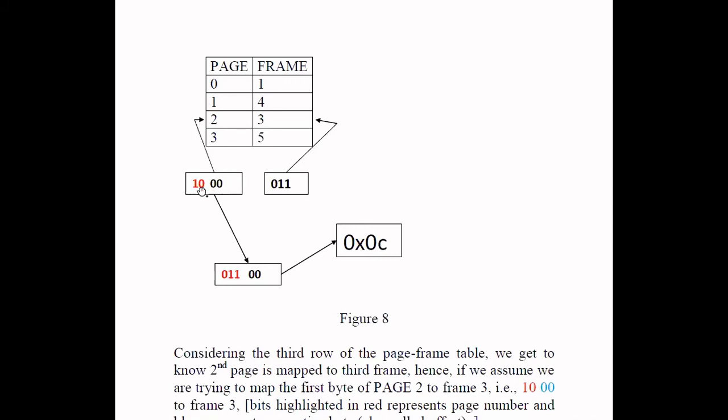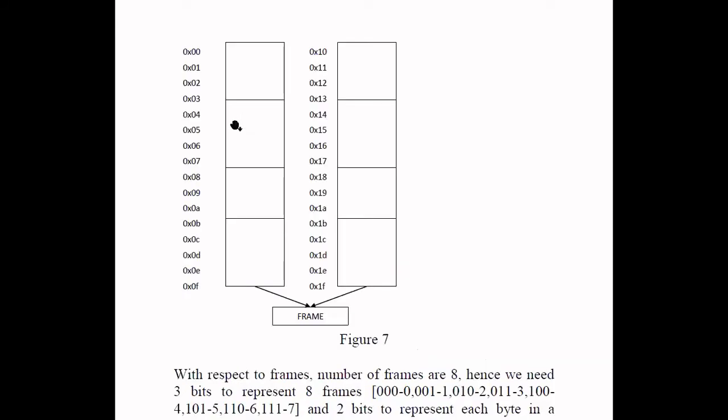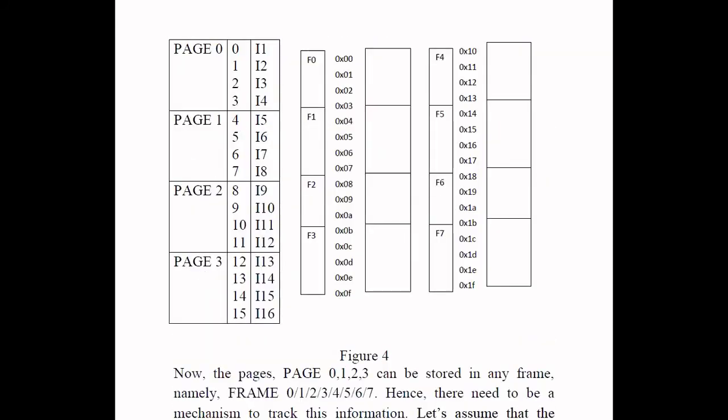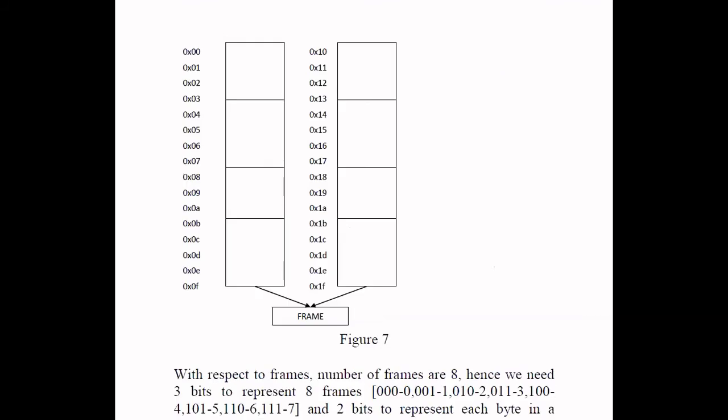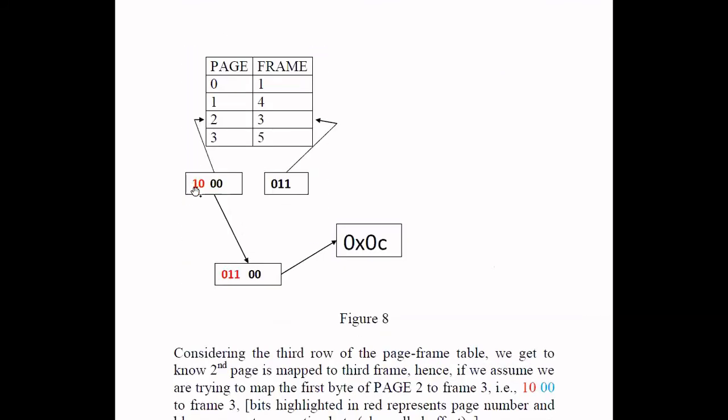Instead of 10, I'm placing 011 because it's understood this page 2 is going to go and sit in this particular frame. This whole page is going to come over here. So I am just replacing the bit value for this page number with the respective frame number bit value. This particular 10 is just replaced with 011.